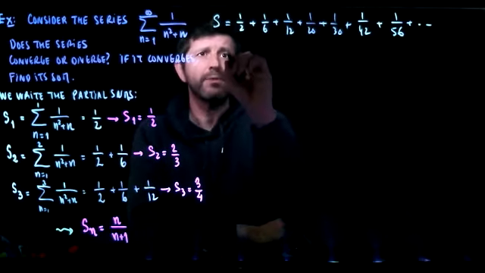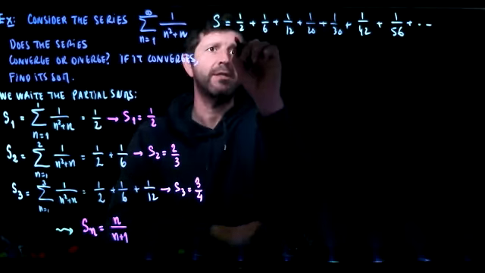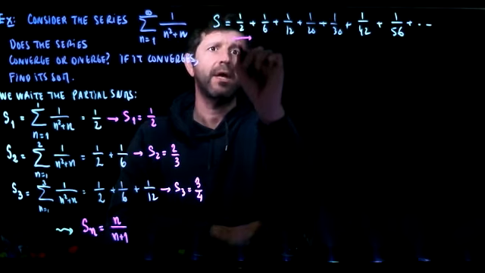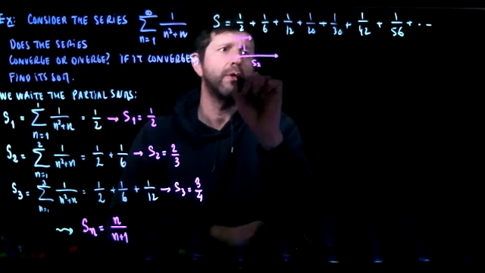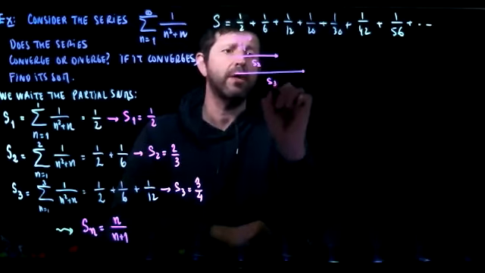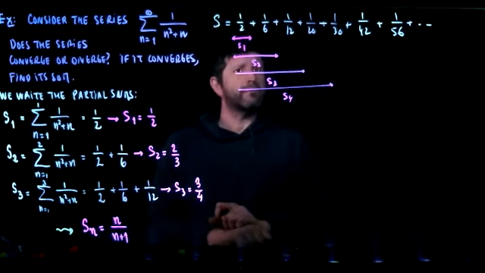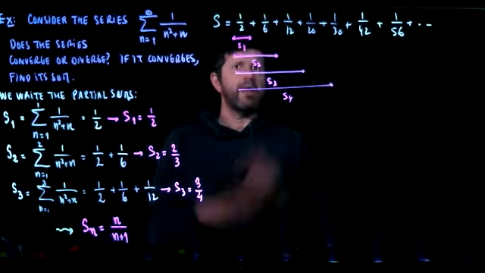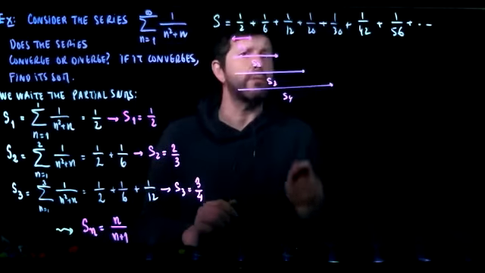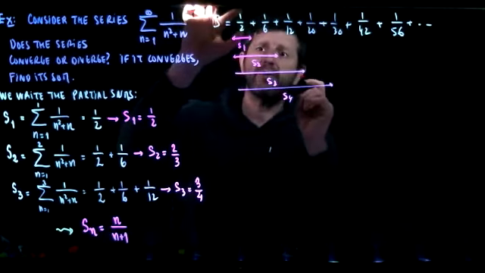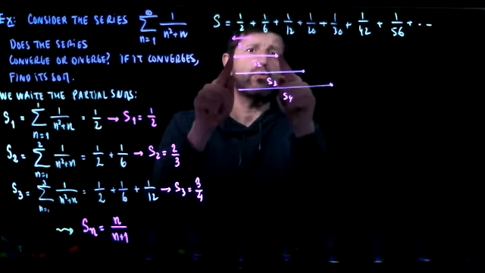Now, my partial sums. I could represent it like this. This here is S1. These two, S2. These three, S3. These first four, S4. Understand? These are the partial sums. The first one is just a half. S2, the sum of the first two, is going to be 2/3.